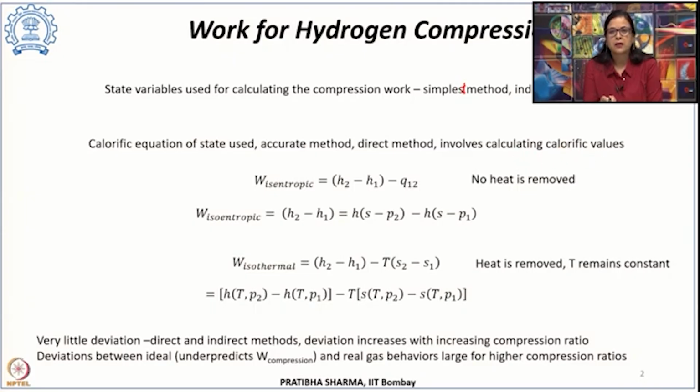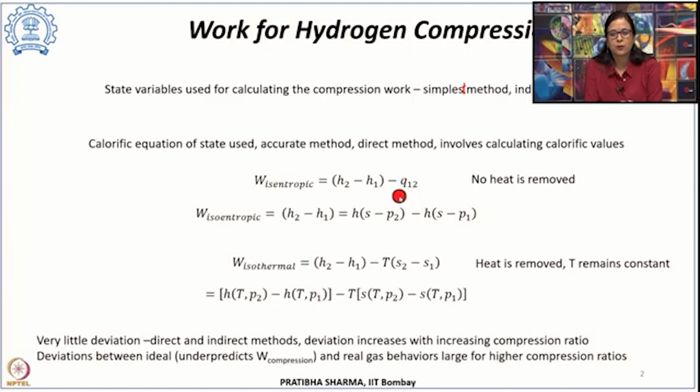Now again, if the compression process is approximated by either an isothermal or an isentropic process, then we can calculate the work of compression using this direct method. If we consider the process to be isentropic, such that there is no heat exchange, in that case we can write the work of compression as H2 minus H1 minus the heat exchanged in the process.